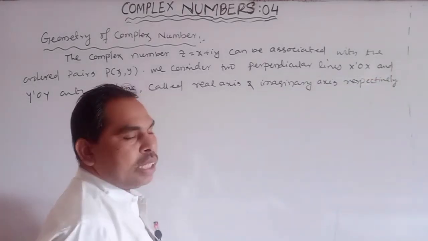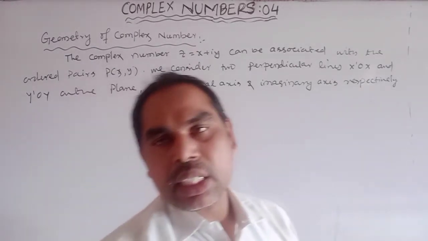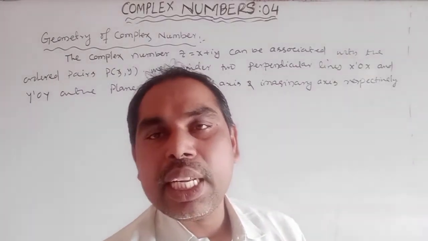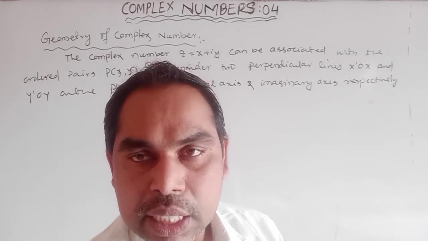That is, x dash ox is called real axis, y dash oy is called imaginary axis.